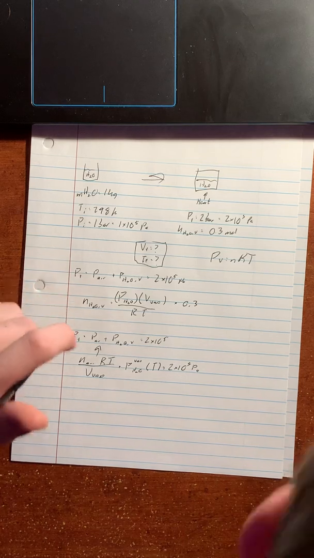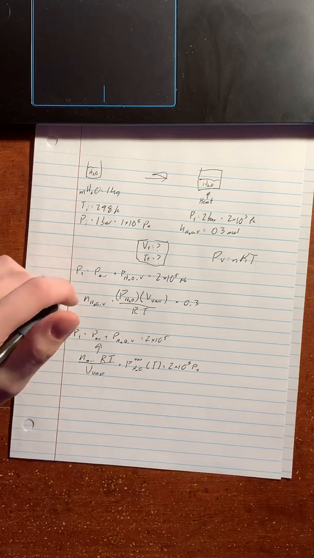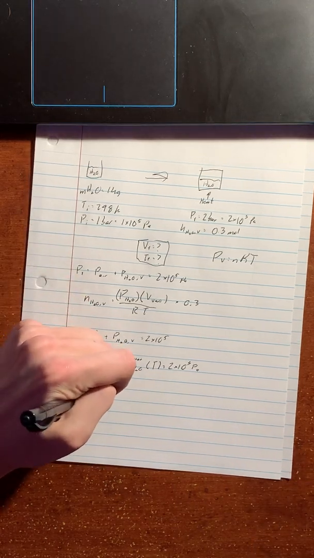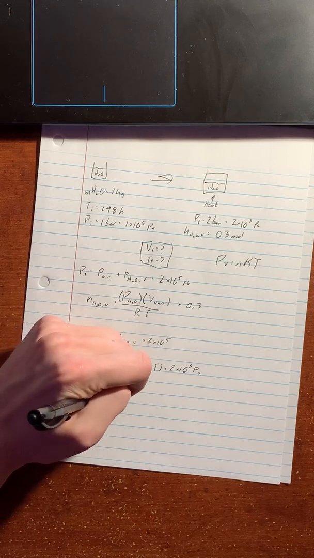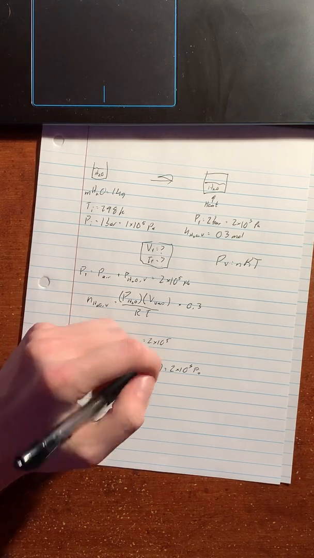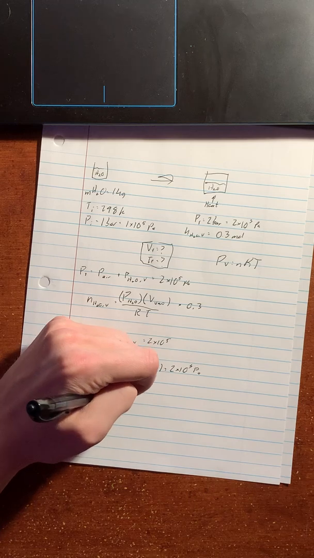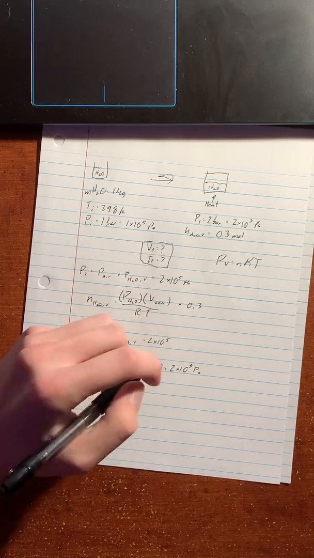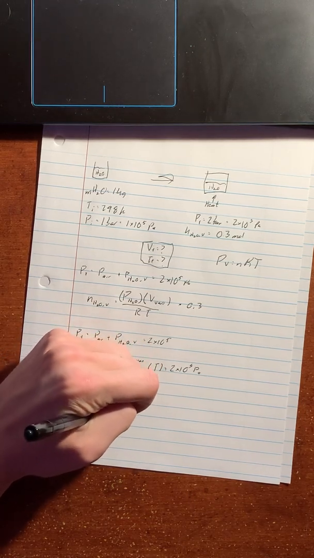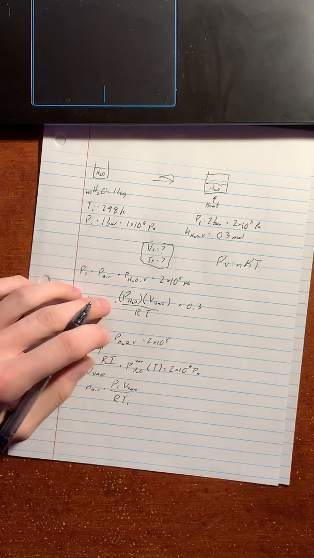So next, we know that n_air is equal to the initial pressure times the volume of the vapor phase, over R times the initial temperature.